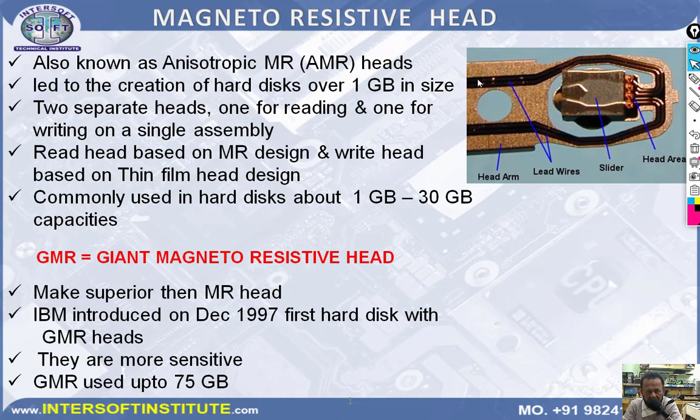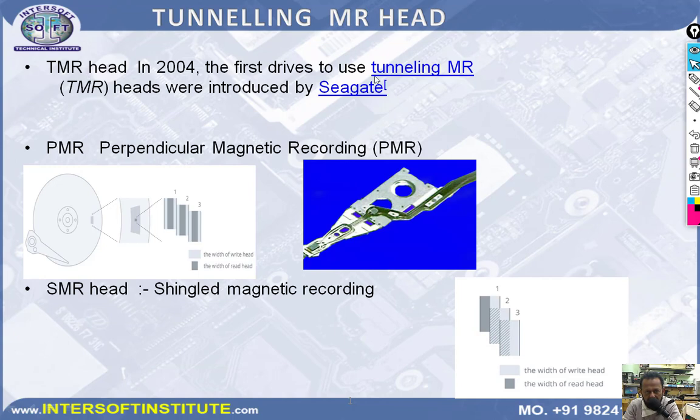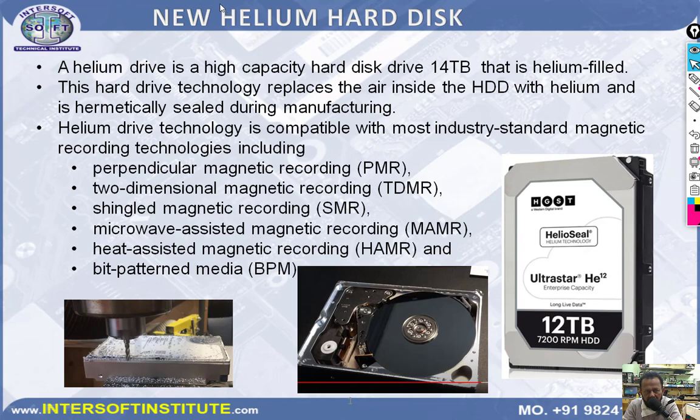Magneto resistance head, GMR, giant magneto resistance, TMR, tunneling magneto resistance, and PMR, perpendicular magnetic recording, and SMR drive. The new helium drive, you can see this type of helium drive which can be opened with the help of a drill machine.